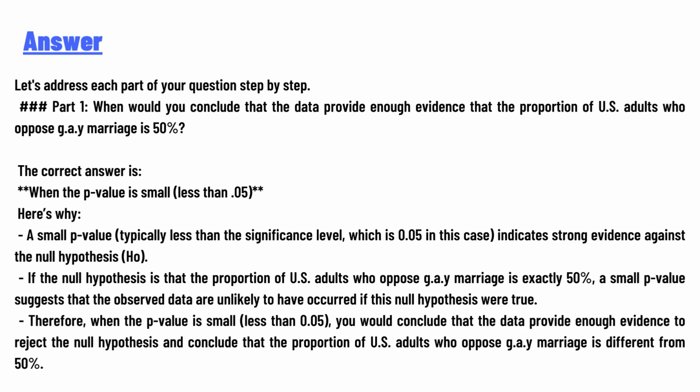If the null hypothesis is that the proportion of US adults who oppose gay marriage is exactly 50%, a small p-value suggests that the observed data are unlikely to have occurred if this null hypothesis were true. Therefore, when the p-value is small, you would conclude that the data provide enough evidence to reject the null hypothesis and conclude that the proportion of US adults who oppose gay marriage is different from 50%.